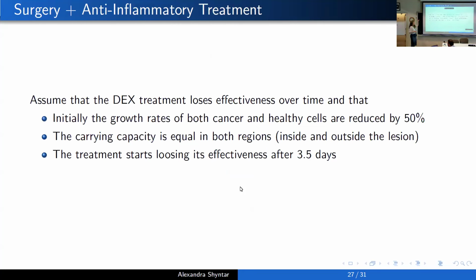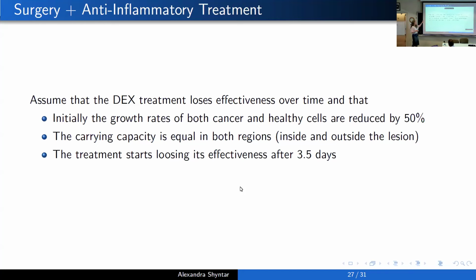To simulate this, we didn't really have immune response data. So we assumed that the anti-inflammatory treatment loses its effectiveness over time. This is due to the treatment not being permanent, as well as a potential resistance that's happening in the cells.